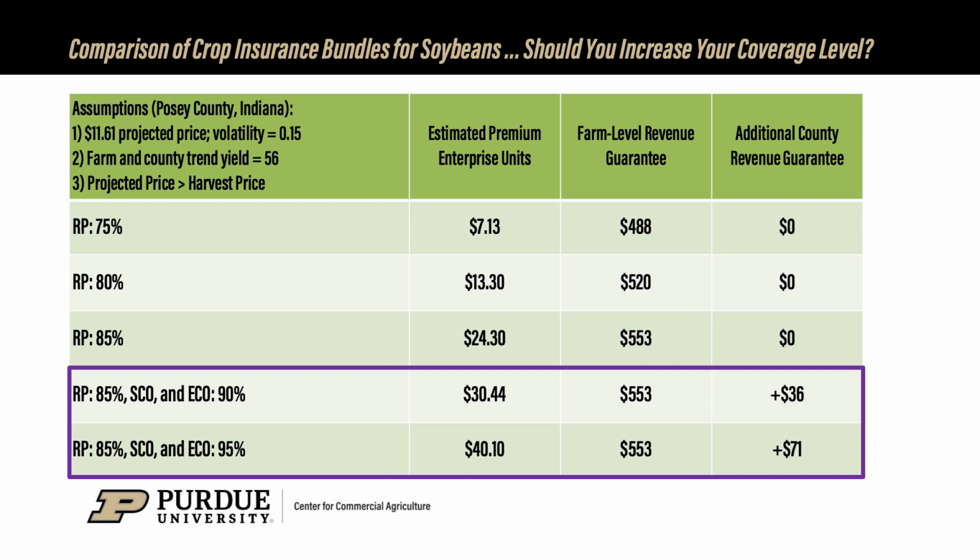Moving from the 85% revenue protection up to the 95%, you're talking about $16 there. So it is a rather large increase as a percentage, but the dollar amounts aren't as big for soybeans as they are for corn. But as most people know in Indiana, you don't collect very often on soybeans compared to corn either. Another way of saying that is soybeans tend to be quite resilient in terms of their yield.